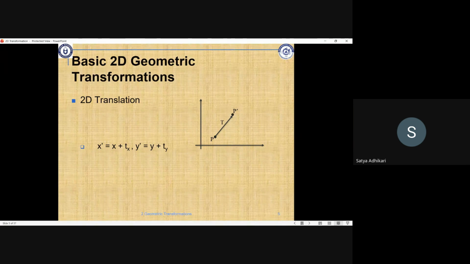You see here, x dash is equal to x plus tx. So the new position along the x axis is calculated as x plus tx. That is, I add some tx, which becomes the new x coordinate. Similarly, ty is added to y to get the new value of y dash.